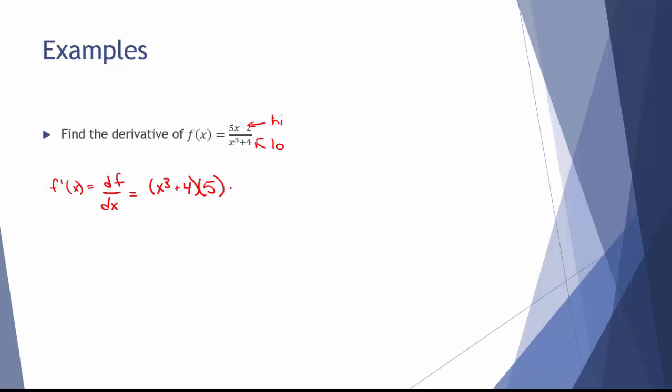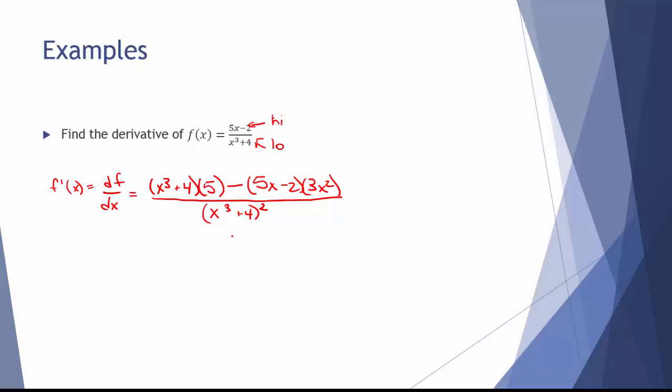So that's just 5. Minus the numerator, 5x minus 2, times the derivative of the denominator. So the derivative of x cubed is 3x squared, and the derivative of 4 is 0. All over the denominator squared, x cubed plus 4 squared.